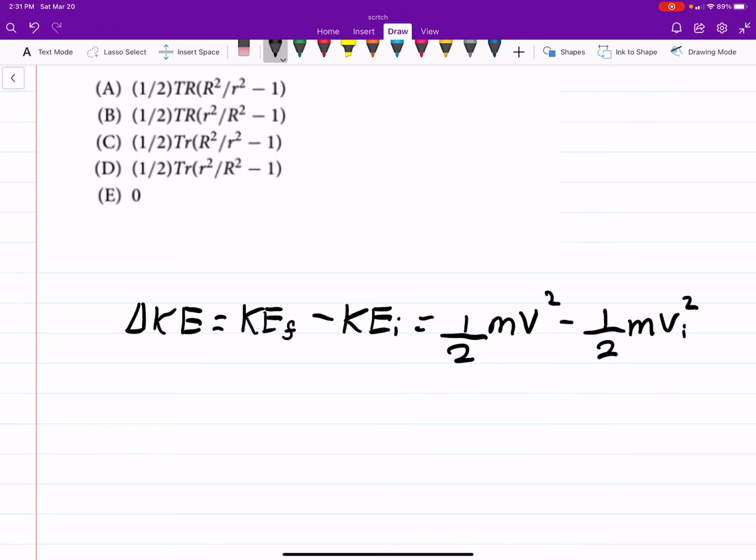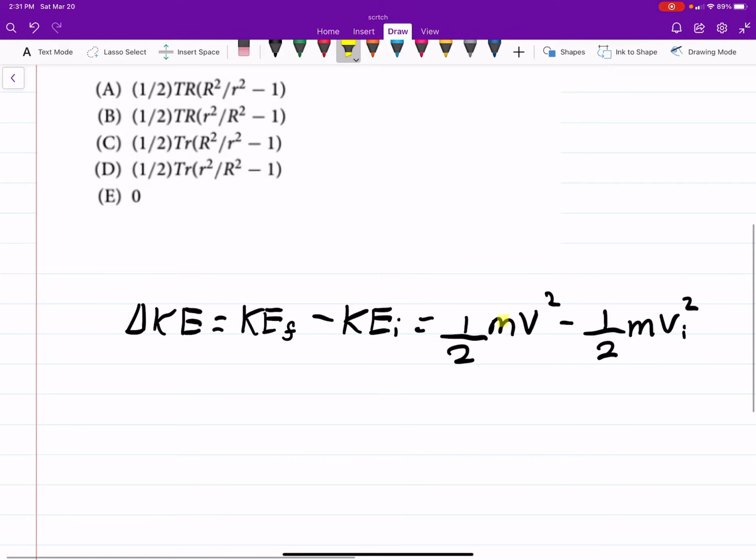What we need to do is relate mass and our velocity squared, the initial and the final, with our tension, our big radius, and our little radius, since those are all things in our equation. Now, I'm going to start by using the conservation of angular momentum, which is L final equal to L initial.